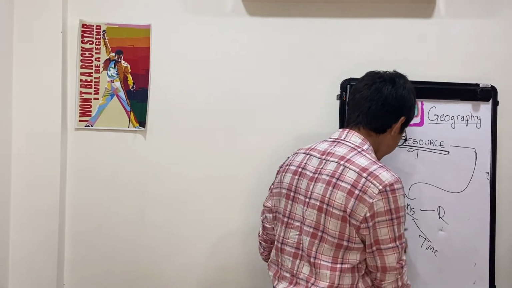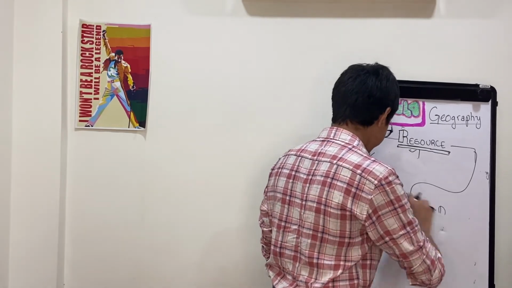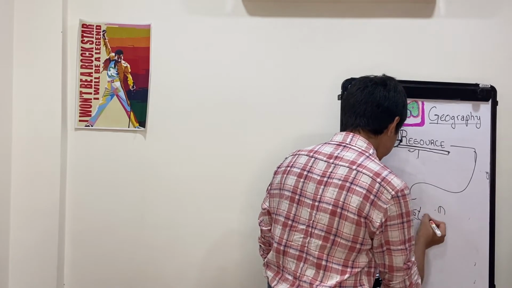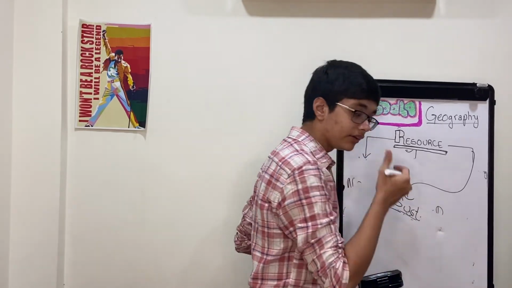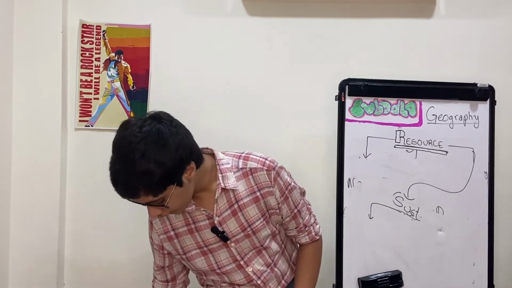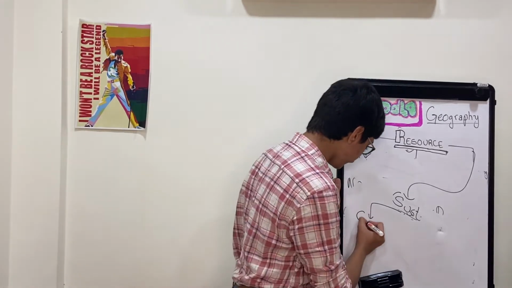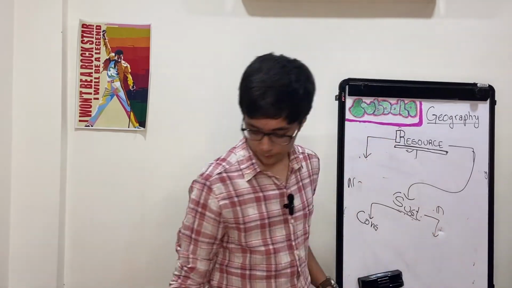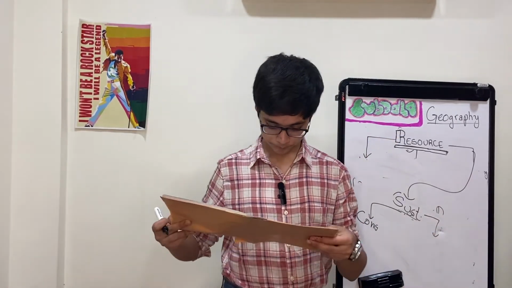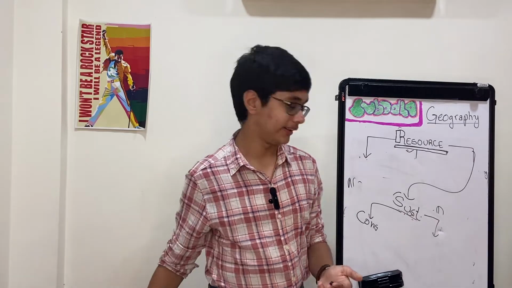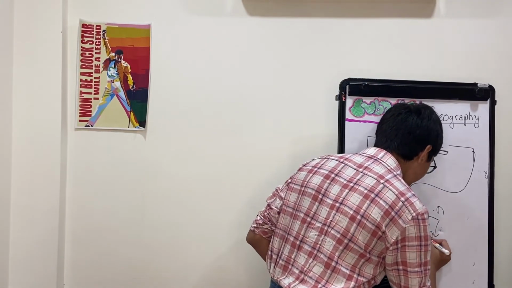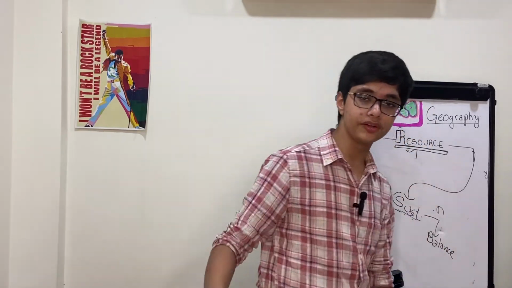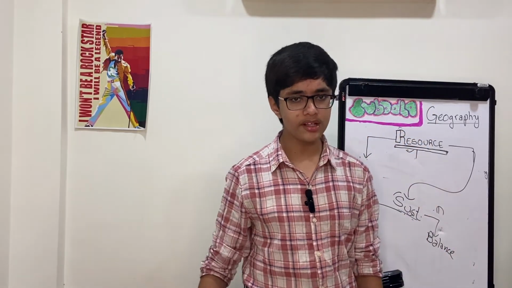So what is sustainable development? In sustainable development, you use resources, and first of all, you conserve them. Along with conservation, you balance the need. So which resources do I actually need? Now for example, after I finish shooting this video, I'll go out and probably have dinner.